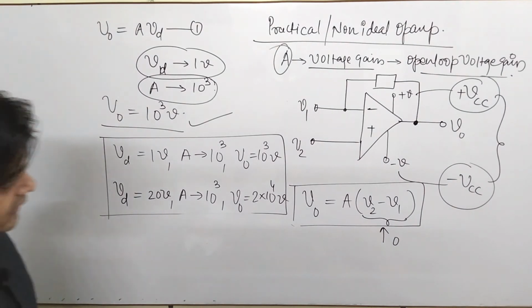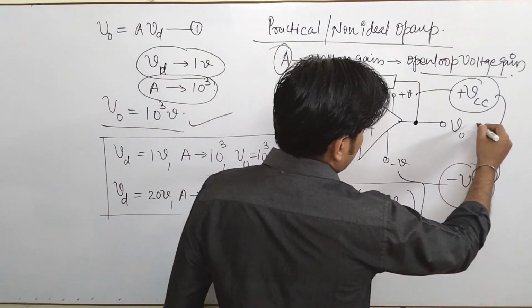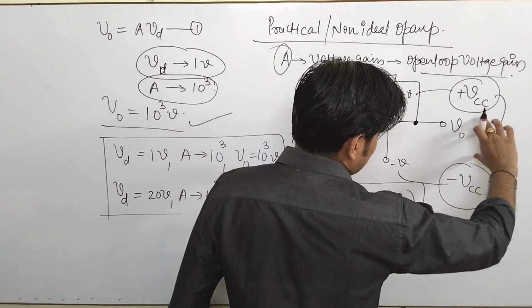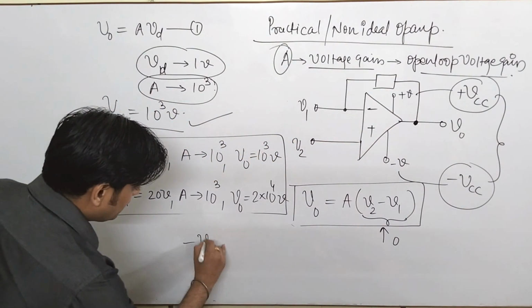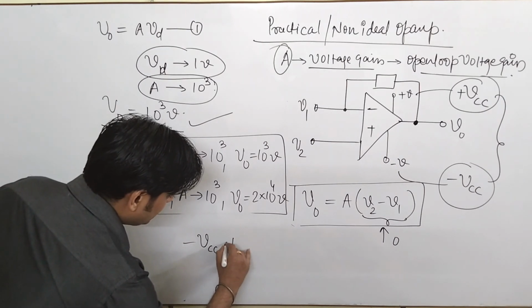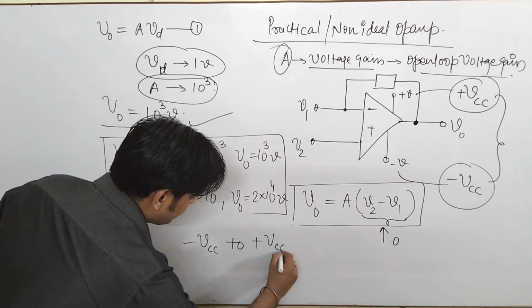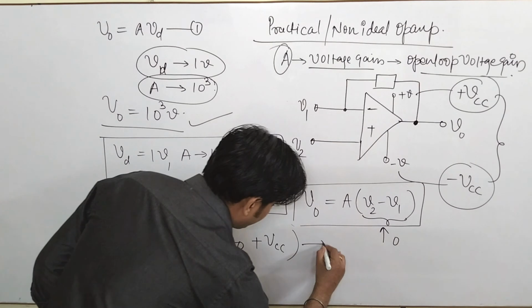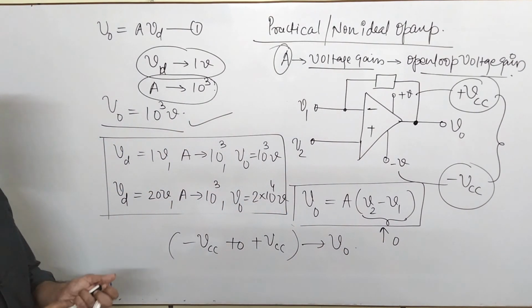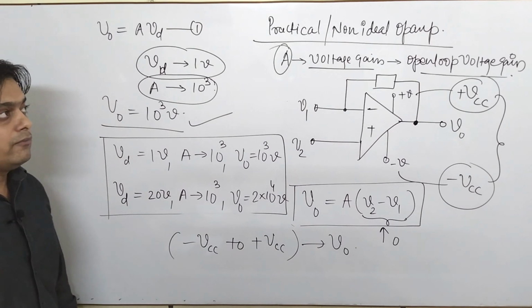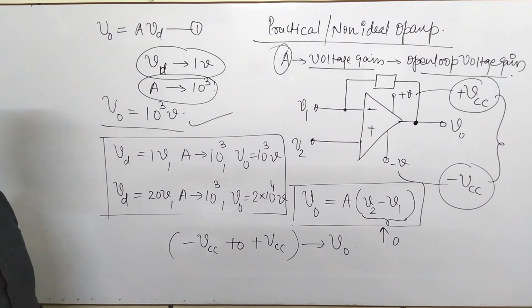So the value of V0 will be lying between minus VCC to plus VCC. This is the range of your output voltage V0 in case of an operational amplifier which is non-ideal in nature.